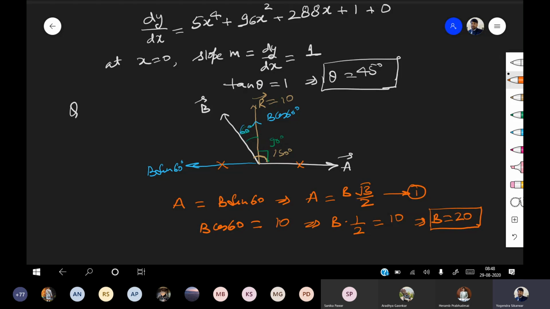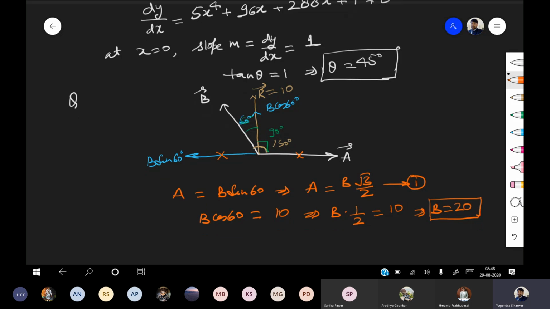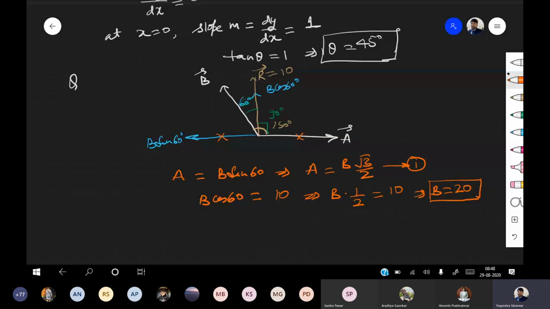If you put that back in equation 1, A comes out to be B, which is 20, into root 3 by 2. And that gives us A is equal to 10 root 3 meters.